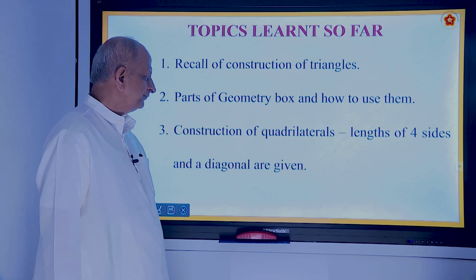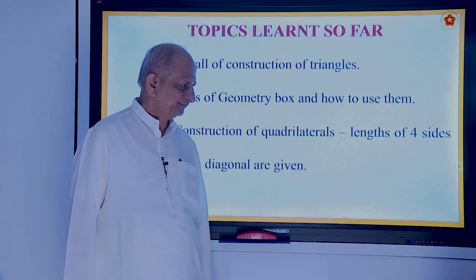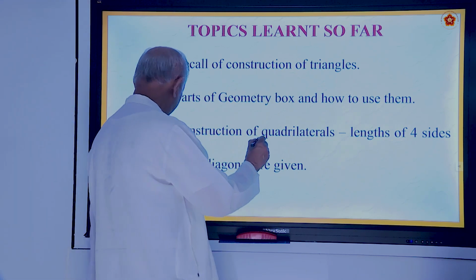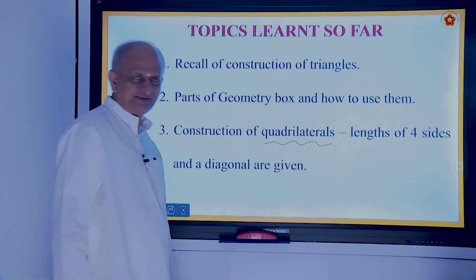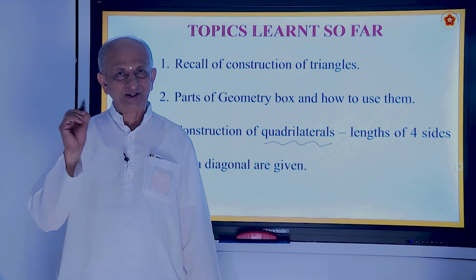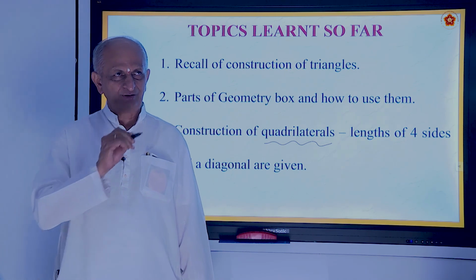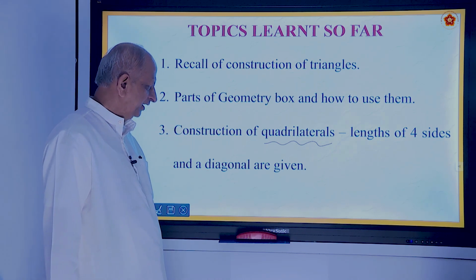And then you have heard about quadrilaterals. What is quadrilateral? It is a plane figure having four sides. When you say four sides, naturally it will have four vertices. And at these vertices you have angles, four angles. Is it not?